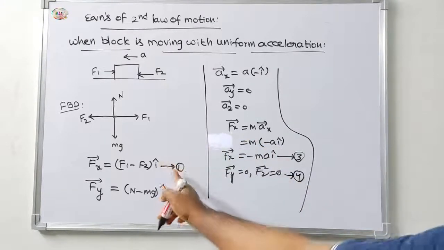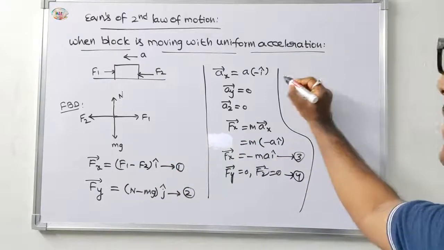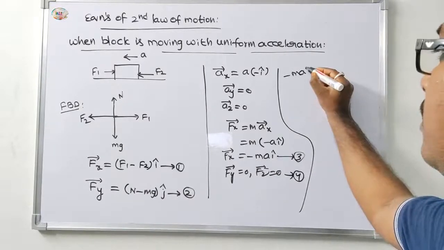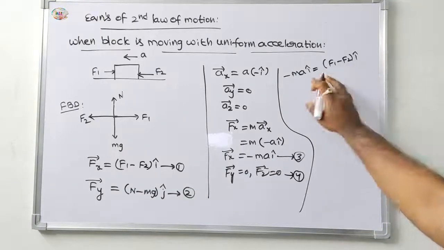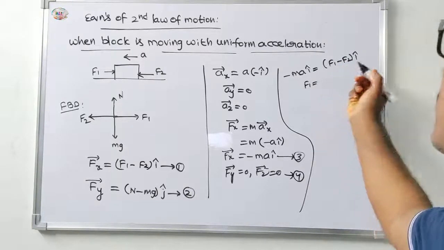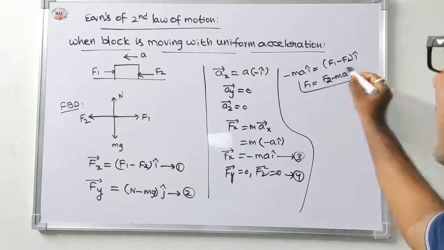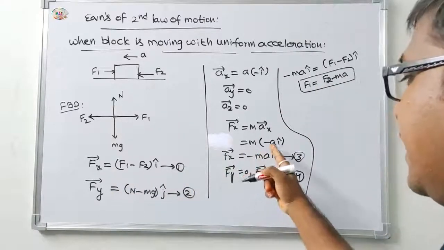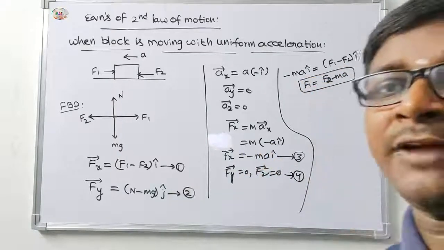So from equations 1, 2, 3 and 4, first taking equation number 1, Fx is equal to minus ma i cap, which is equal to (F1 minus F2) i cap. The i caps cancel, remaining minus ma is equal to F1 minus F2.